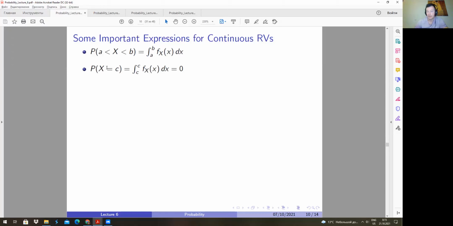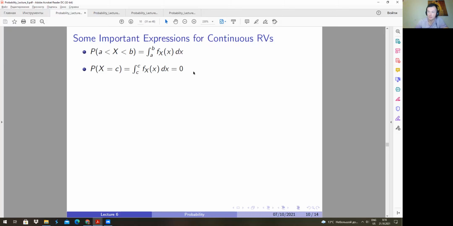So, the probability that x equals c. Knowing this, if we plug c and c as the limits of integration into the integral, we know that this integral is going to be 0. Why? Because the area under the curve when the base is 0 is going to be 0. The area of a line is 0.